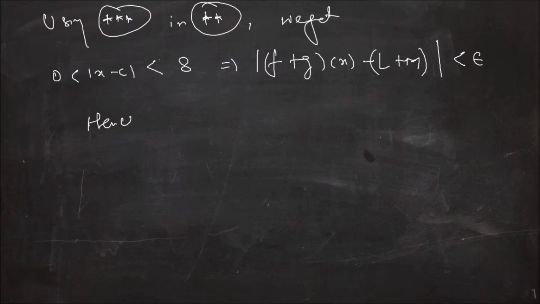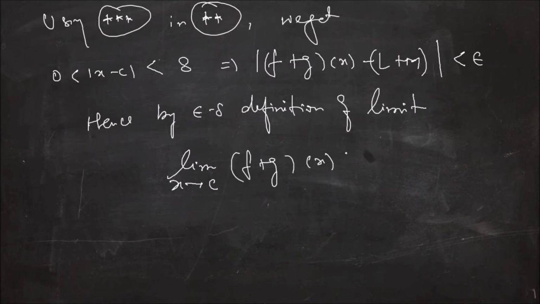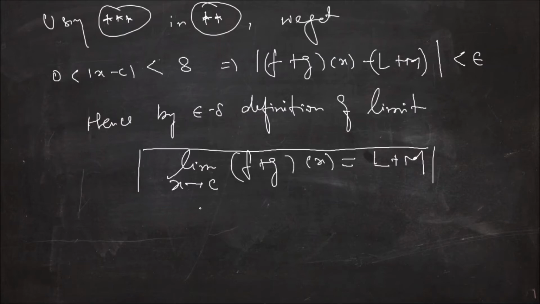Hence, by the epsilon delta definition of limit, limit x tends to c of (f plus g)(x) is equal to L plus m. So this we have shown using the epsilon delta definition.